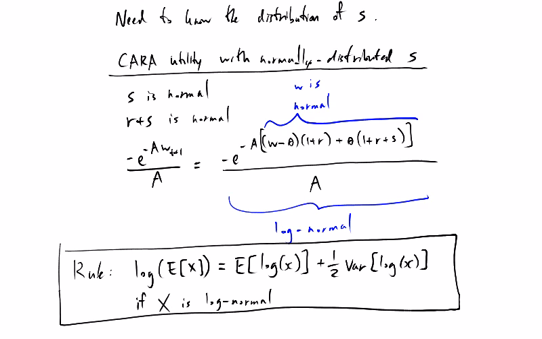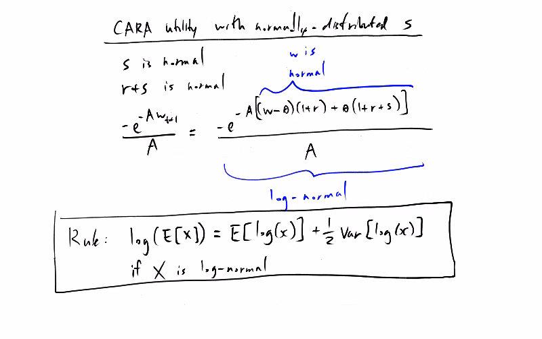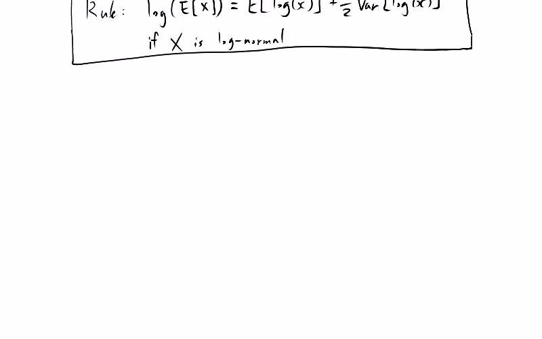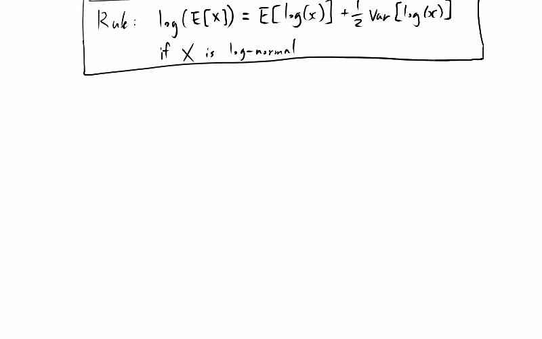And with this rule, it allows us to turn the expectation of the utility function into, in some sense, the utility of the expectation, which is very helpful, right? Now that's what we're going to do.